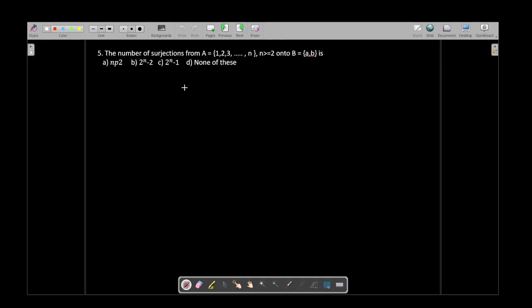Next problem we can solve is we have number of elements of A is n and B is 2. We need to find the number of surjections, right? Number of onto functions.